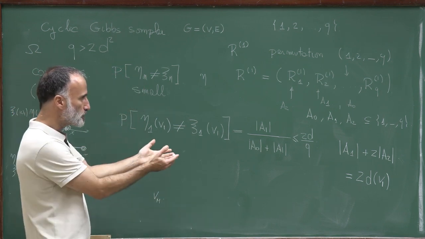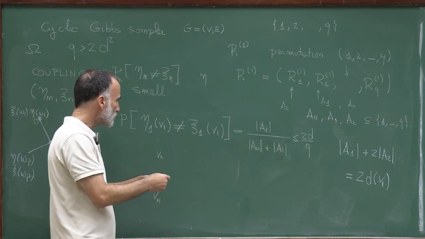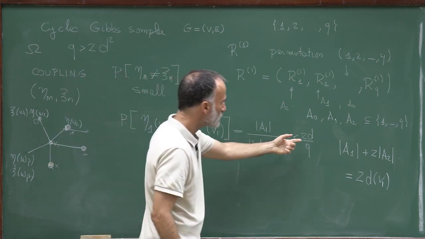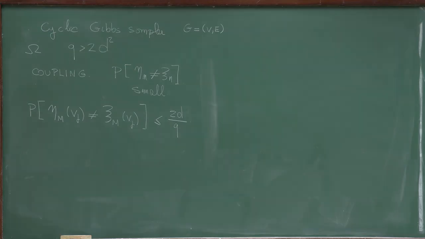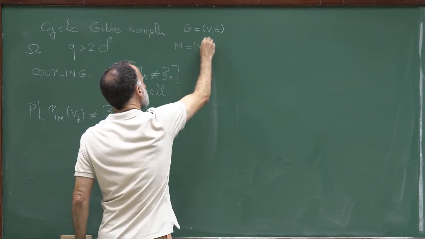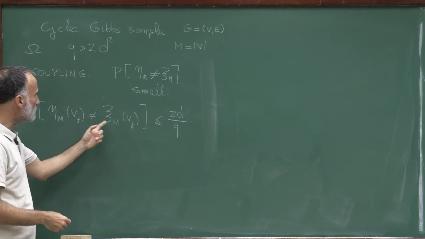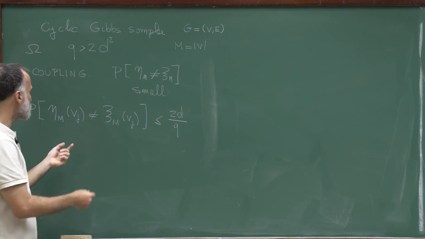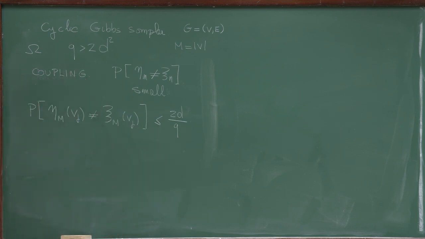And at each time, by repeating this procedure, the probability that after the updating they have different colors is bounded by 2D divided by Q. So up to time m, remember m is the total number of vertices, when I reach time m, I updated each vertex once, and for each vertex, the probability that the colors differ after updating is bounded by 2D divided by Q.